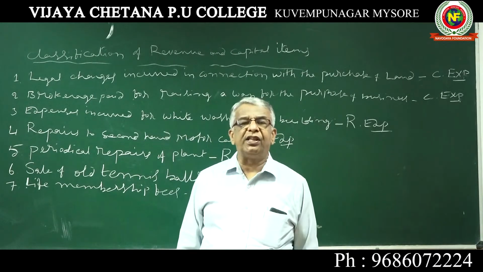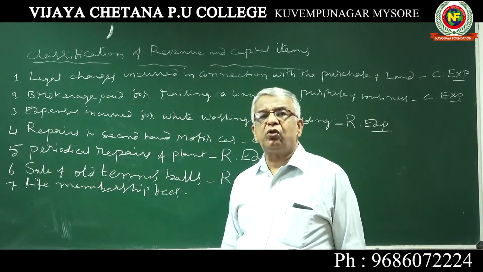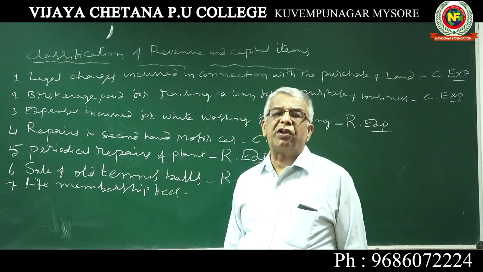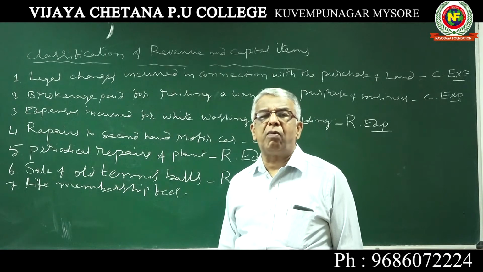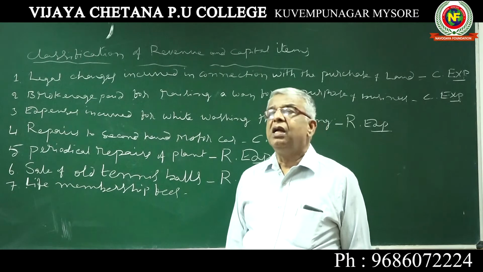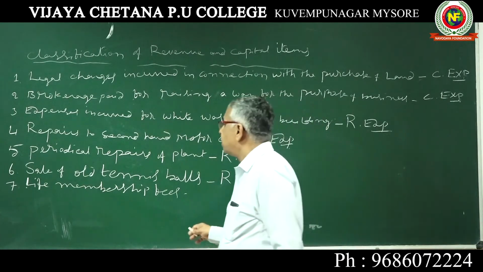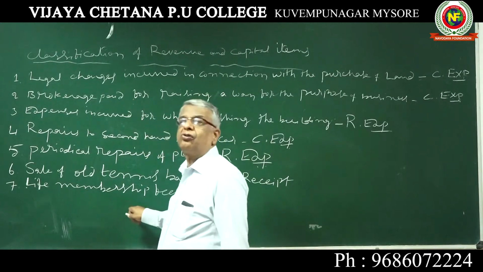Life membership fees is something a person pays to the not-for-profit organization only once. Once he has paid the lump sum amount fixed by the organization, he is not supposed to pay again until his death. Therefore it is considered life membership.